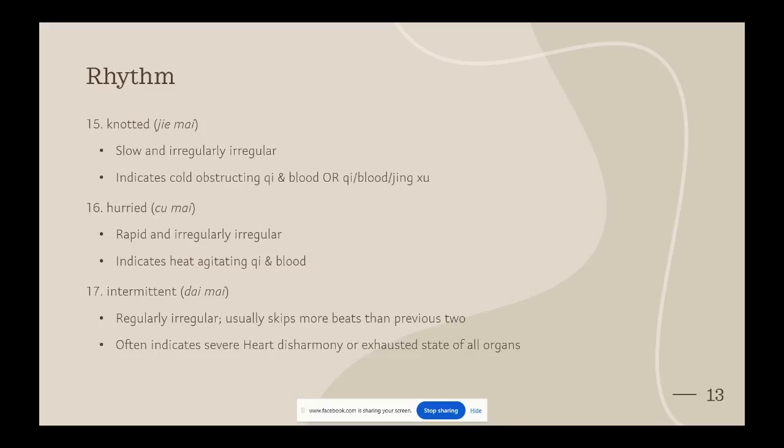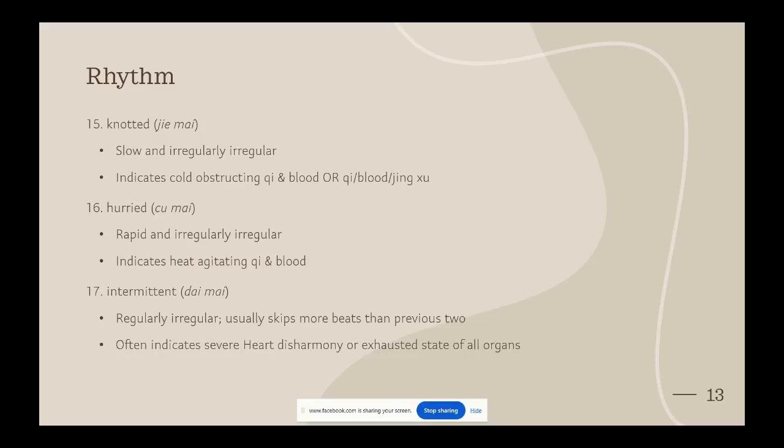Jing is often translated as essence. It is a kind of substance that we come into this life with. Some people link it to our DNA.